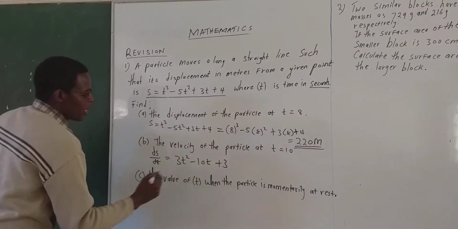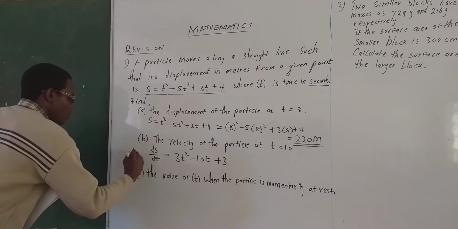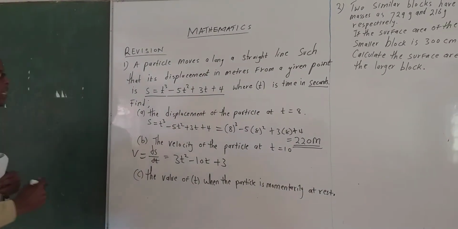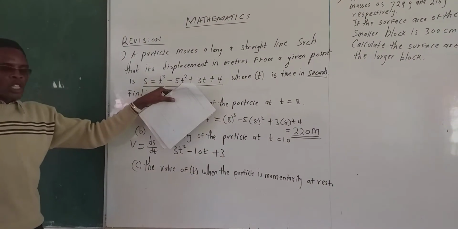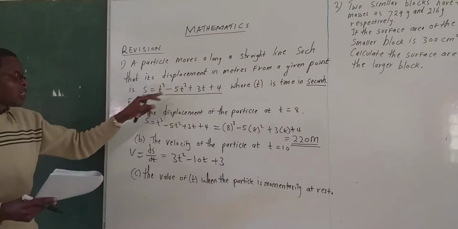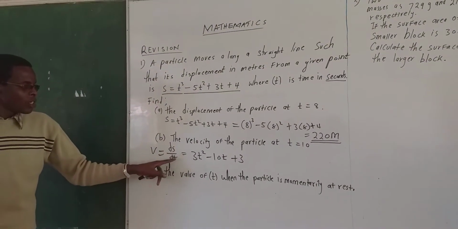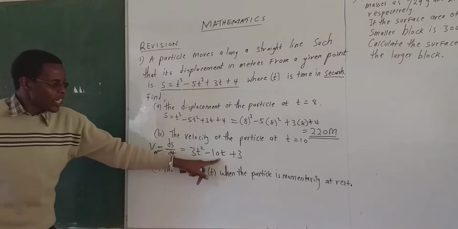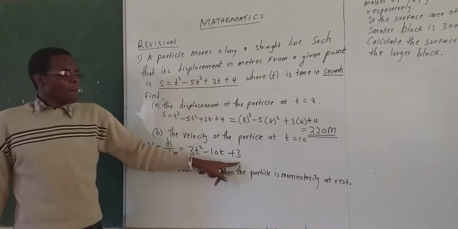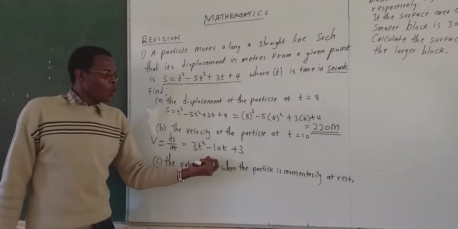This is our velocity, which is the same as ds over dt. If we differentiate this displacement, we get our velocity, ds over dt, to be 3t squared minus 10t plus 3. But in this case, we have been told to find this velocity when the particle is at 10 seconds, or when t is equal to 10.